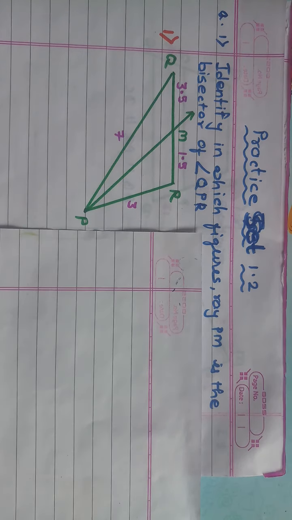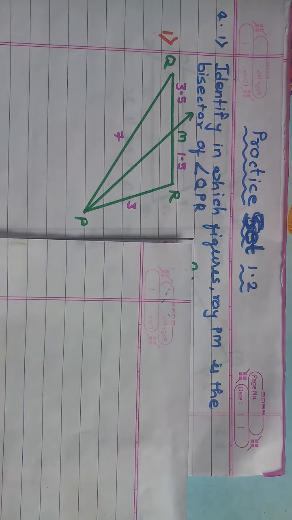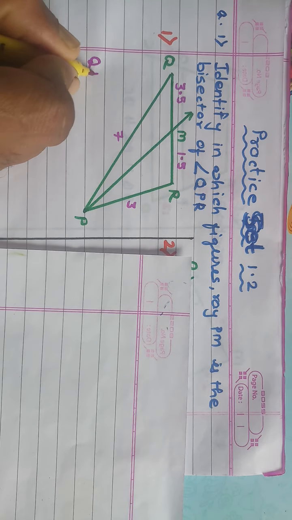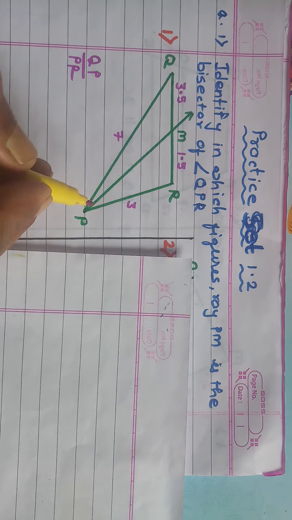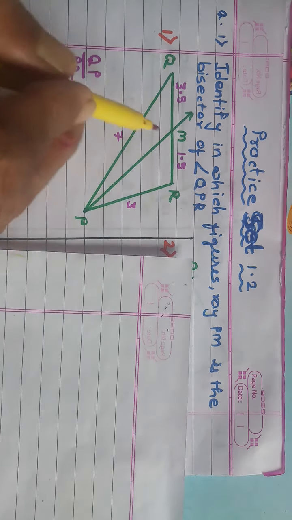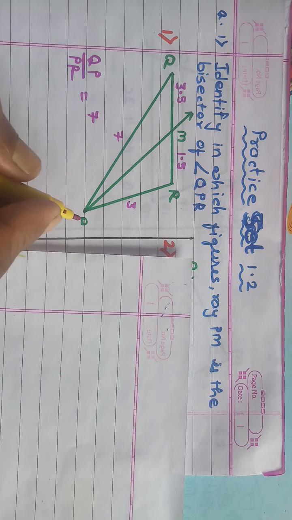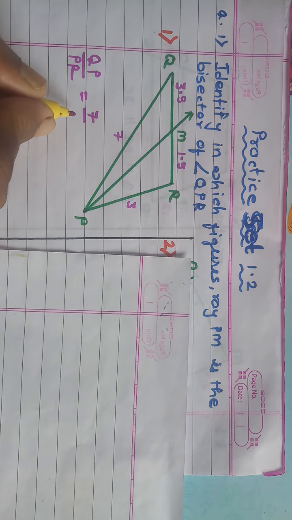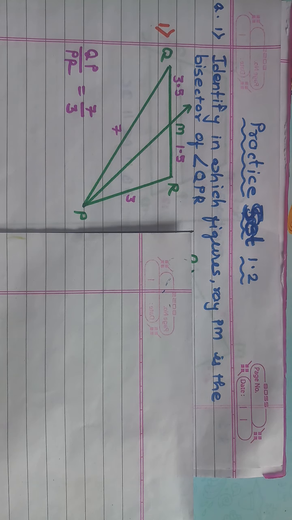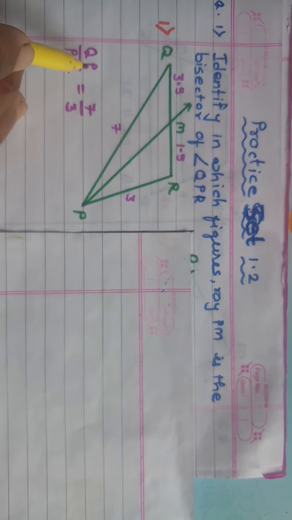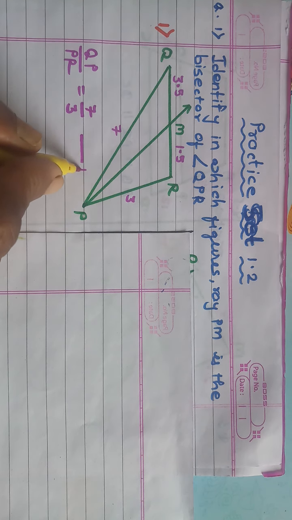First QP upon PR. So we can also write PQ and PR. The length of QP is 7, length of PR is 3. There is no common factor between these two, so the ratio of QP to PR is just 7 upon 3, equation 1.